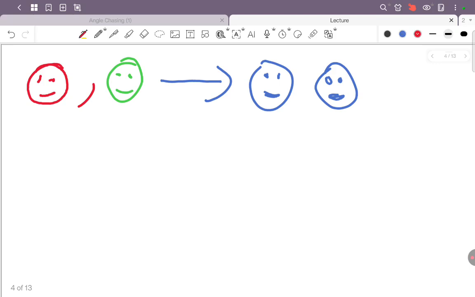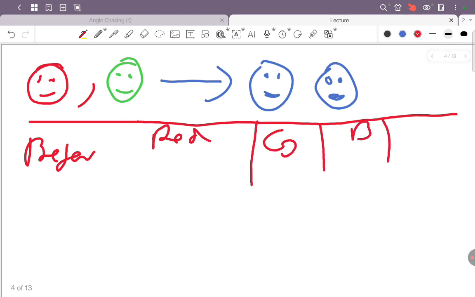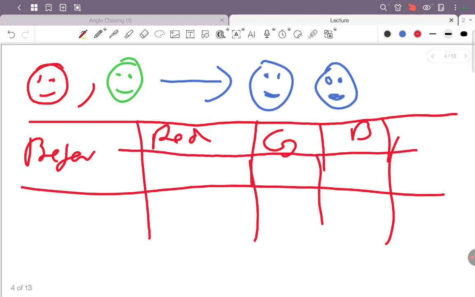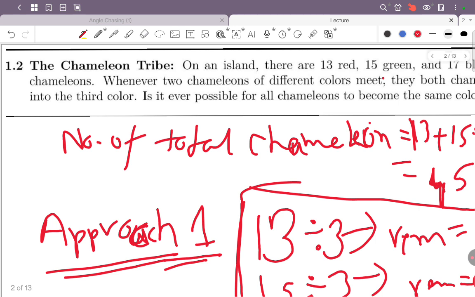Let us see what happens to the number of red, green and blue. Before, the number of red, green, blue was 13, 15 and 17, right? Yeah, it was that.